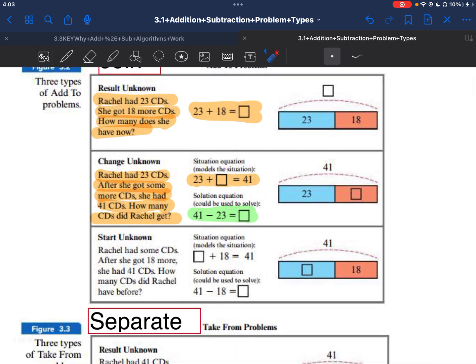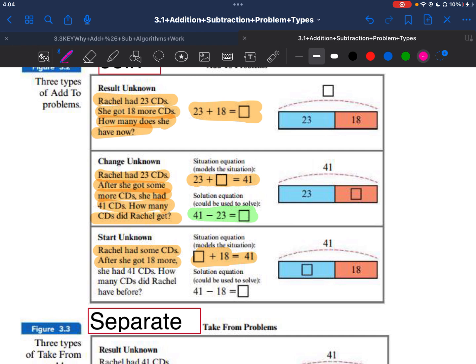Okay, and the start unknown, it's in the name. We don't know what we're starting with, but we're adding something we know the value of. So it says Rachel had some CDs after she got 18 more. That's just saying I had some CDs and then I'm going to add 18, right? And then at the end, Rachel had 41.